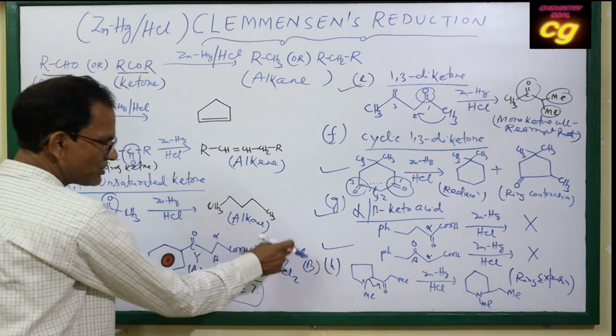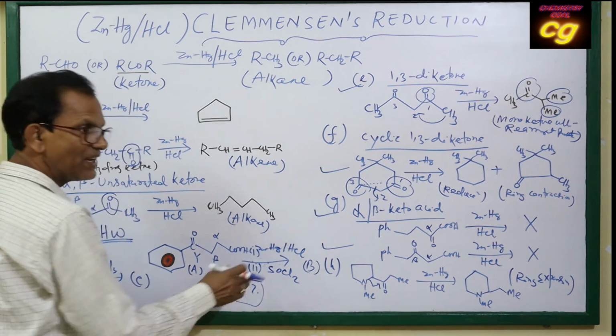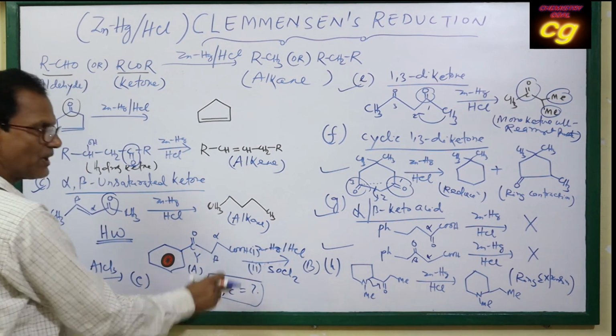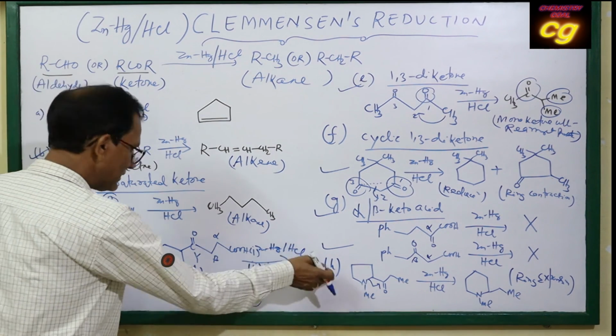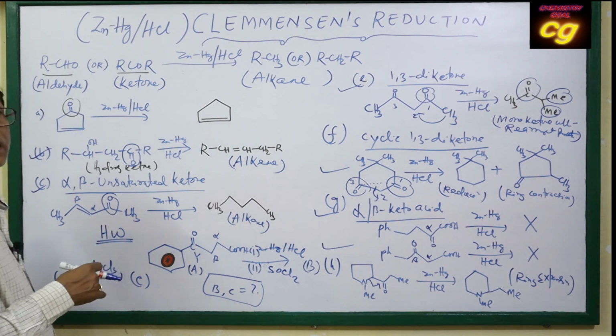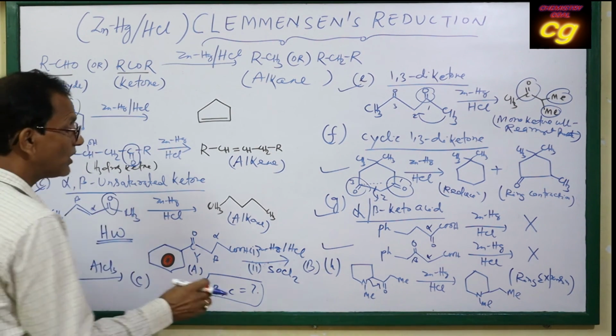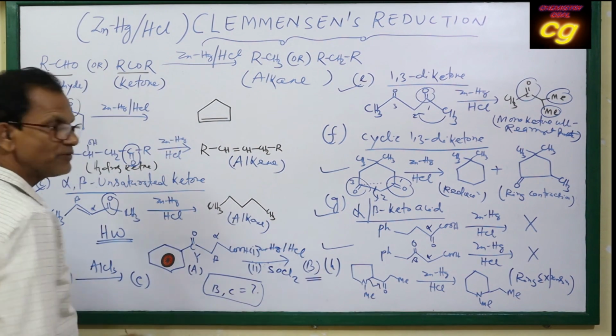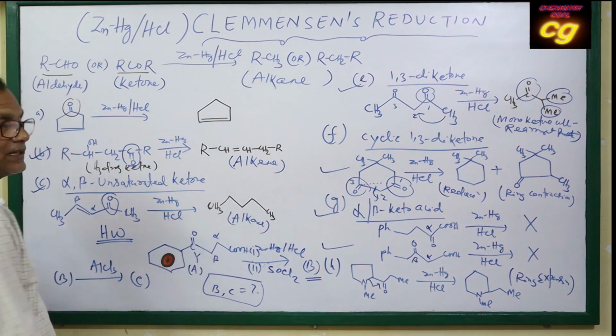First step is the Clemmensen reduction. Second step is the reaction of carboxylic acid with SOCl2, just I am giving some hints, and third step is aluminum chloride, that is your Friedel-Crafts alkylation. You have to think what is the formula of B and what is the formula of C if the structure of A is like this.